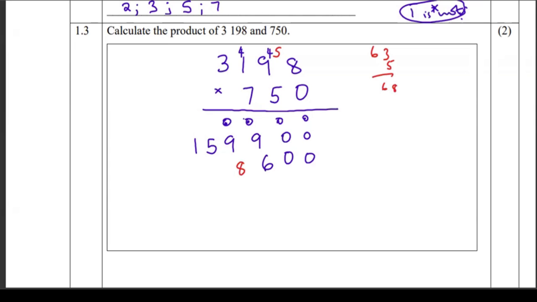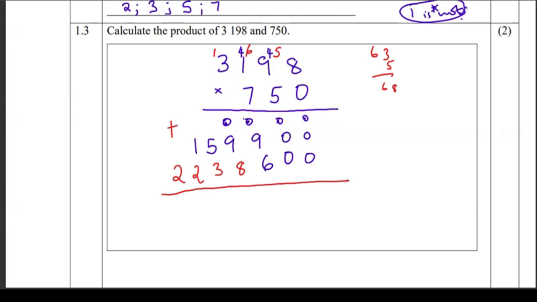I write the 8, carry the 6. 7 times 1 is 7, plus 6 is 13. 3, we carry 1. And then 7 times 3 is 21, plus 1 is 22. So 22, just in that particular order. The moment you mess up with the positions, then chances are high you're going to get this wrong.